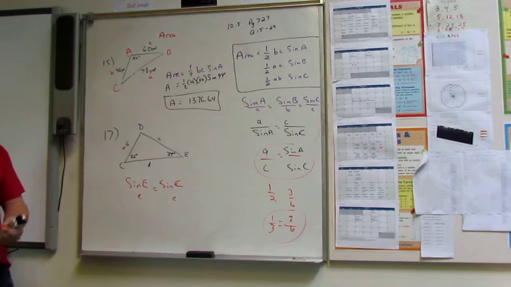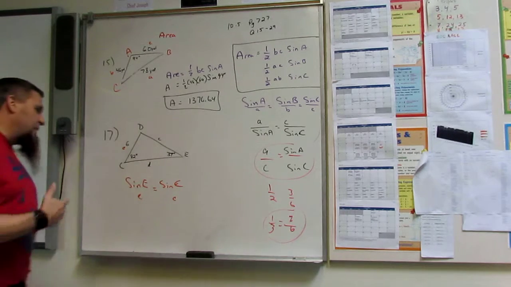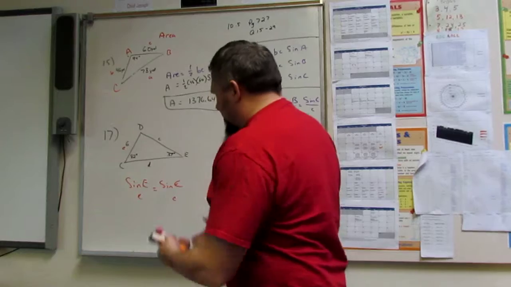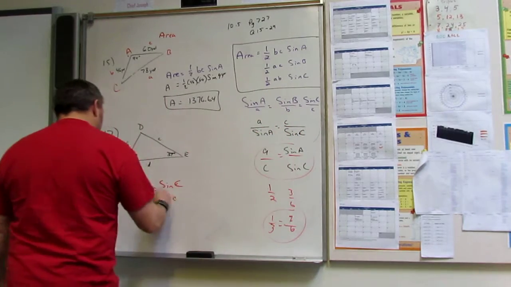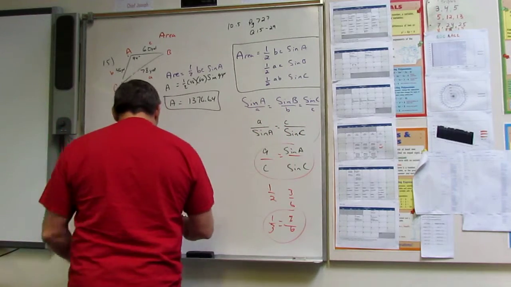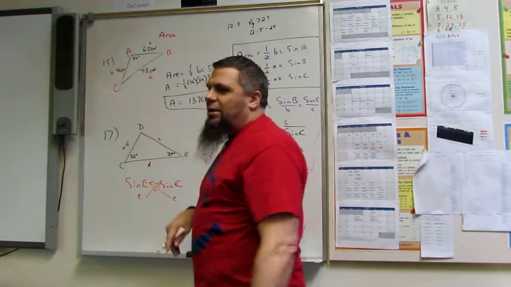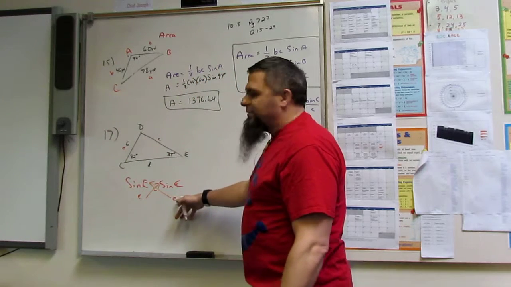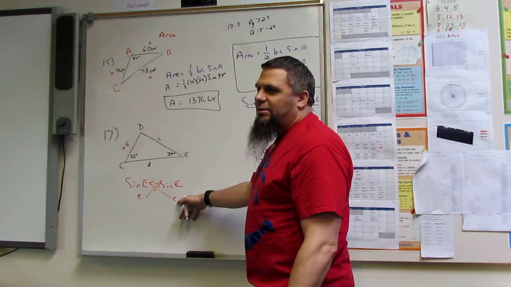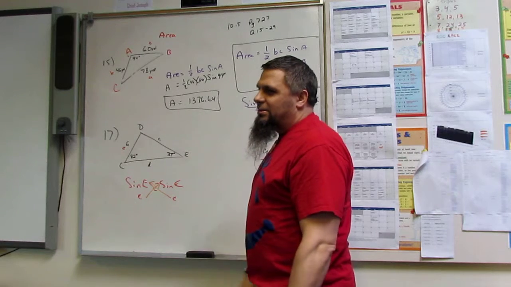How can I set this up in a nice, easy problem? Cross multiply, divide, there's a lot of stuff I have to do to solve for c.